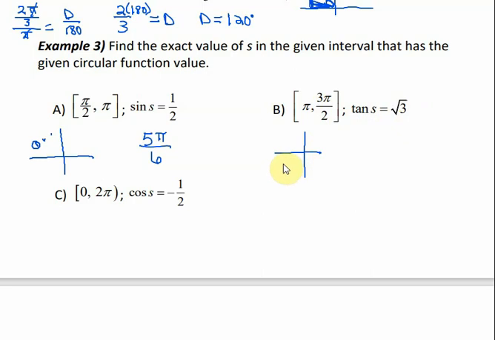It's going to be one of the sixths. So to get tangent of square root of 3, remember that all of our angles are either 1/2 and positive or negative 1/2 or square root of 3 over 2. So tangent is y over x.